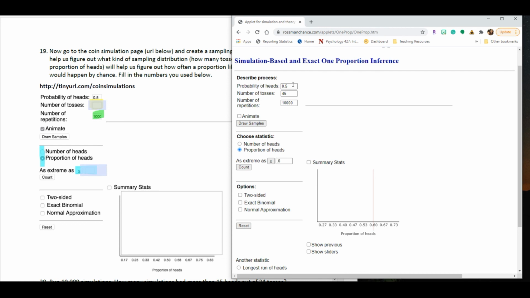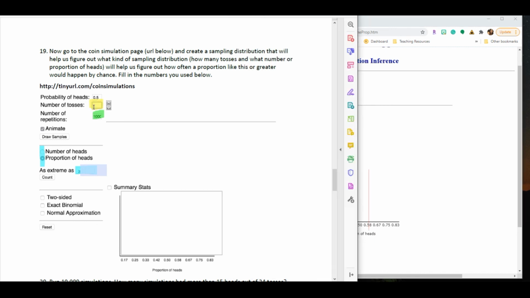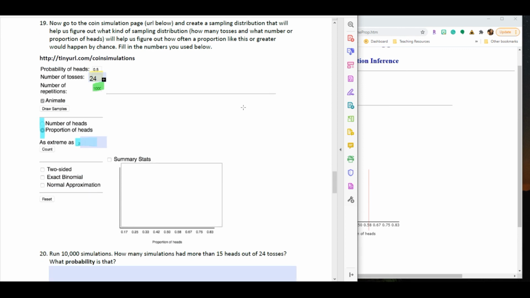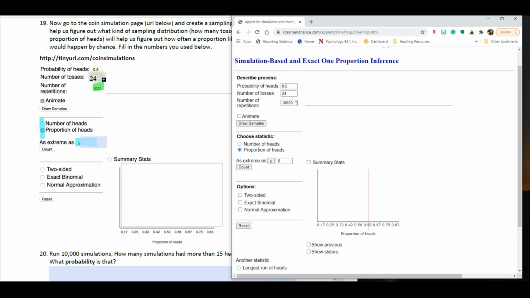So we're going to keep a fair coin, but instead of 45, we don't have 45 people voting in this class. How many people do we have voting? 24. So we're going to put 24 in that box this time, so we flip 24 coins instead of 45. I'm still going to leave it as 10,000, since the next one says run 10,000 simulations.